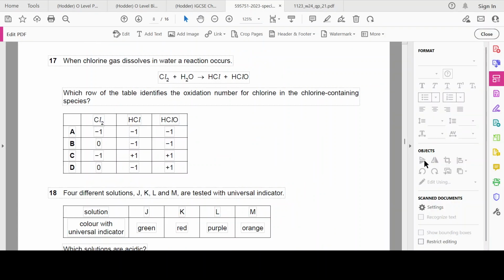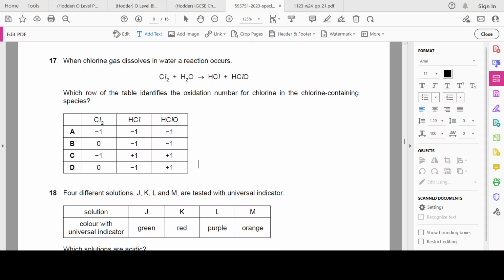Okay, so for a molecule, if it's stable after reaction, it should be electrically neutral. And so the molecule overall should have a total oxidation state of 0.